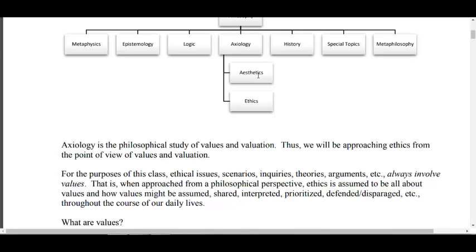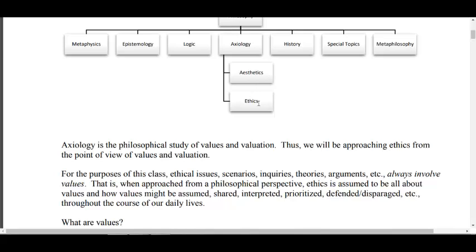So there's value there. Attraction is a value. It's something that we value. We would rather have, say, a pretty house than the ugliest house on the block in a neighborhood. And aesthetics, approaching it philosophically, looks at the various cases that could be made for something counting as more or less artistic or beautiful, etc.